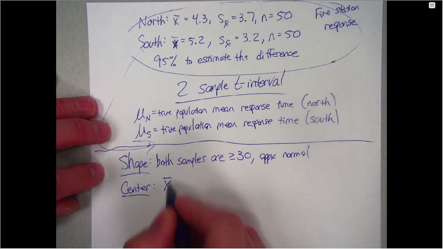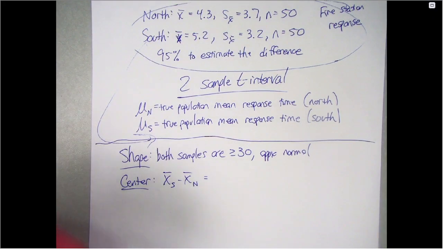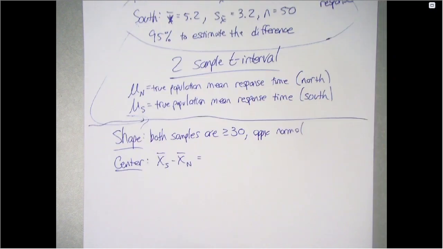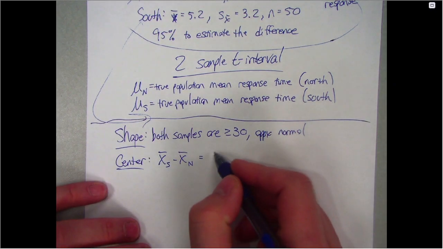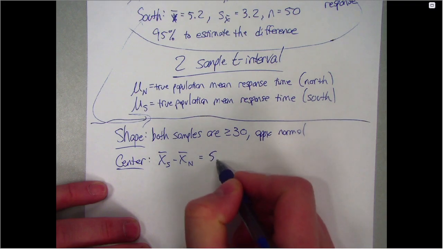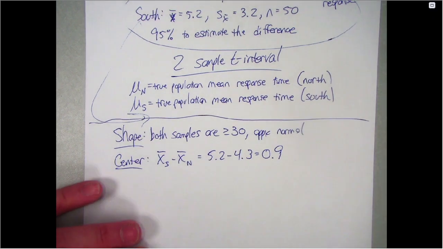So I'm gonna do x bar s minus x bar n. If you want to do the opposite, it's totally fine. It might be a good idea, then you can see how it would shift at the end. The way I'm doing it would be 5.2 minus 4.3, or 0.29.